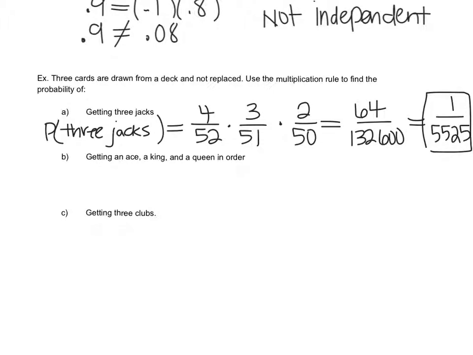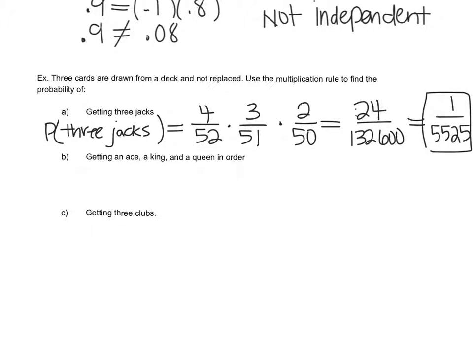Which, as you can see, is a very, very small probability. And this is not 64. This is 24. 4 times 3 times 2 is 24. So it's 24 out of 132,600, which simplifies to 1 out of 5,525. So very, very small chance that if you draw 3 cards in a row, they will all be jacks.